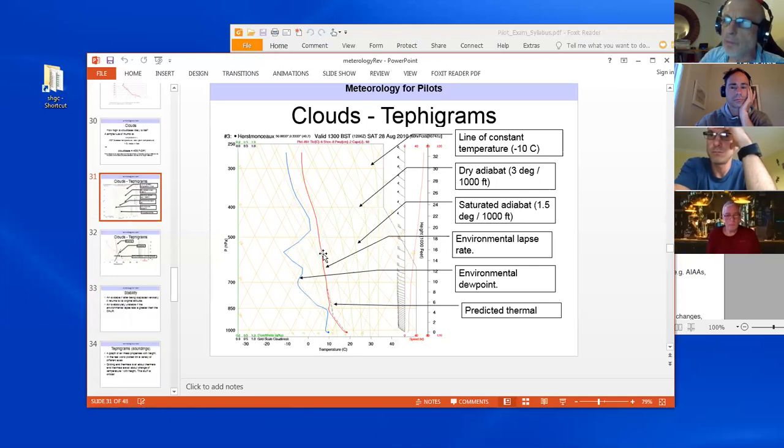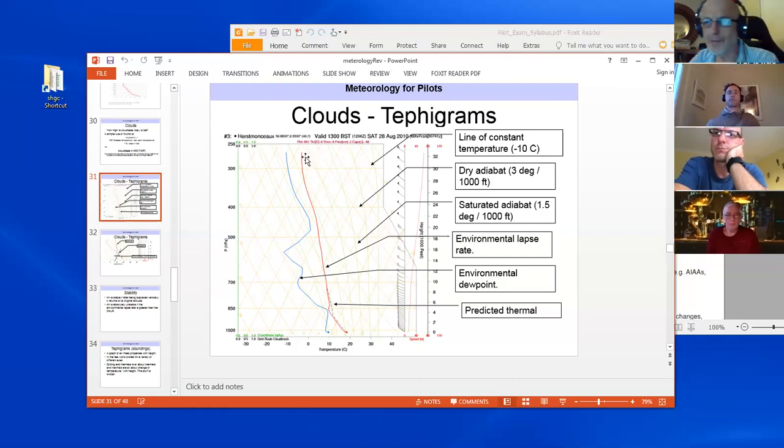This air would then always be warmer than the environment. Because it would always be warmer, there'd be nothing to stop it, it would just keep rising. And that's the condition you will see on days when there are thunderstorms: you'll see a thermal come up, and it just doesn't reach this line, it just keeps going up. But it will eventually reach it, it'll peter out about 30,000 feet. But that's complete instability. There's nothing to stop this parcel of air from rising. It's always warmer than the surrounding air.